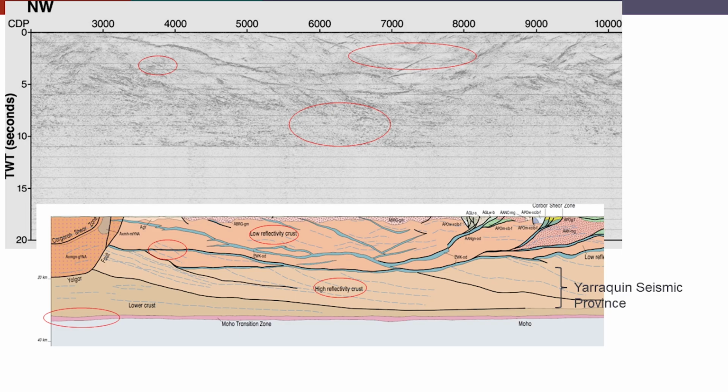But if you notice here, within what has been interpreted as low reflectivity crust, you have reflectors that are very similar to what you see down here. And this Moho offset there might also be due to these steeply dipping Proterozoic structures. There are no very steeply dipping structures that look anything like that within the Youanmi Terrane.